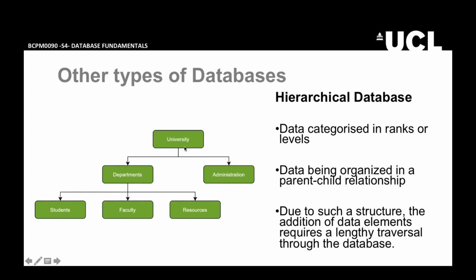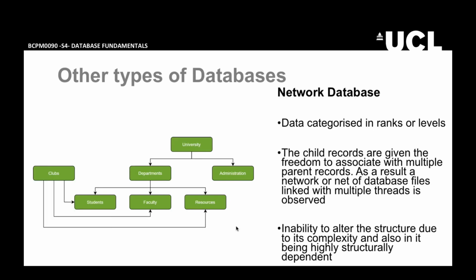The highest rank is university. In the second level, we will find two different categories, departments and administration, and for each of them, we can find a third level. In that case, for departments, we have the students who belong to this department, the faculties who belong to the department, or the resources that belong to the department.